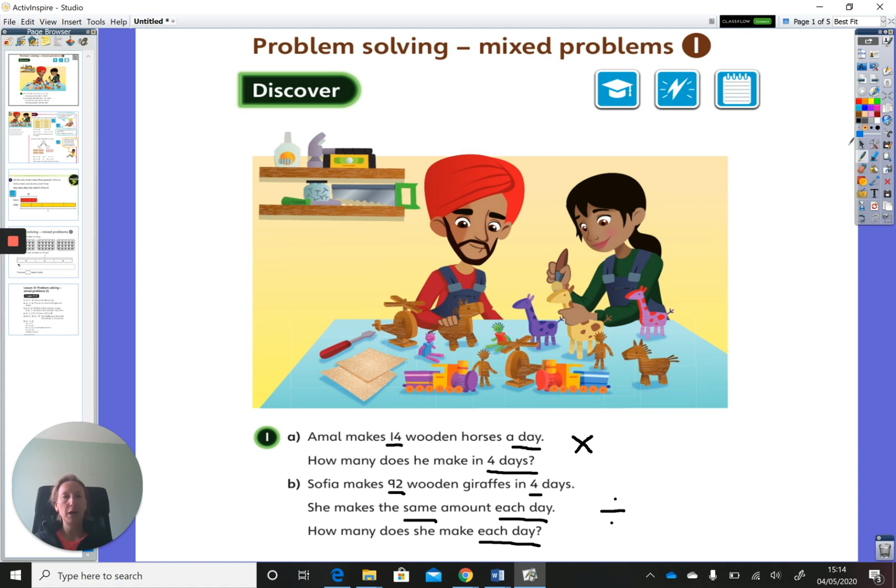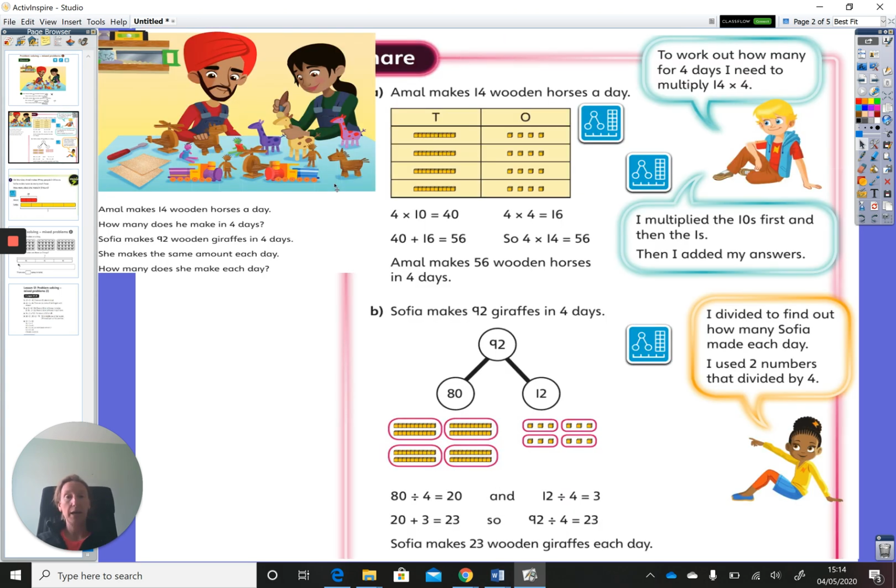Now, if I flick over onto the next page, I'm going to show you different ways of doing this. If you want to, you can draw it out, if you see at the top here, and they use the Deans. So it says Amal makes 14 wooden horses a day. You can imagine they've split it into 10s and 1s. So each day, Amal is making 1 ten and 4 1s.